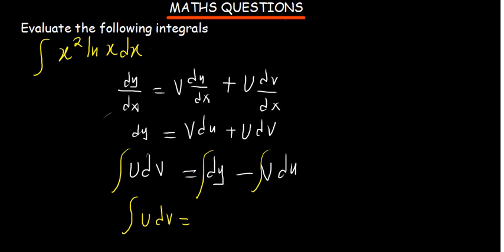When you are integrating 1 with respect to y, you get y, right? So we get y here, and then minus the integral of v du. Because we're integrating with respect to y, all others are constant, so this will just be the integral of v du the same way it is. Is this okay?